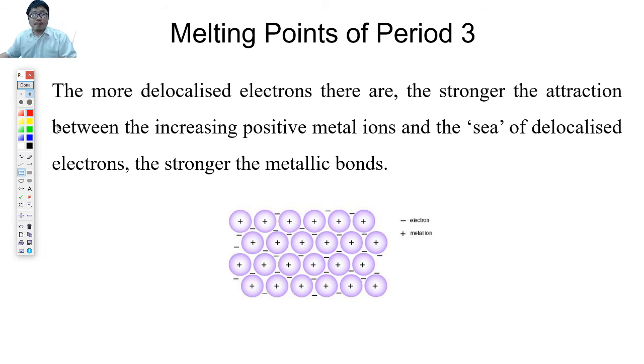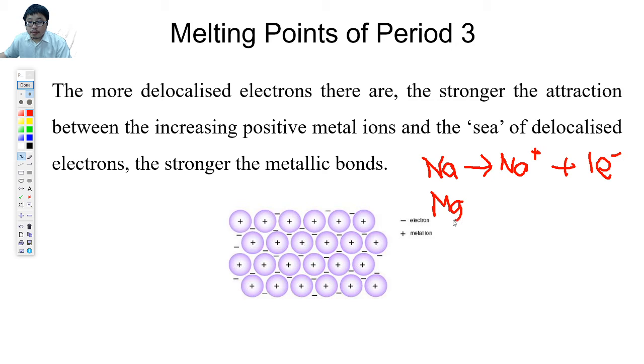But how come? Let us talk about sodium. When sodium donates out the electron, it becomes Na+ and 1 electron.